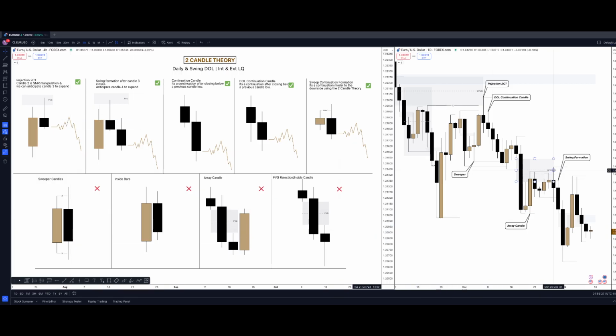In this instance, you'll see here, there's a sweeper candle. So the market has opened, it's pushed up, taken external range liquidity, tapped into this fair value gap and closed to the downside. At this point, it's giving you a good indication that we've swept liquidity and closed to the downside. We've even closed within this candle's low.